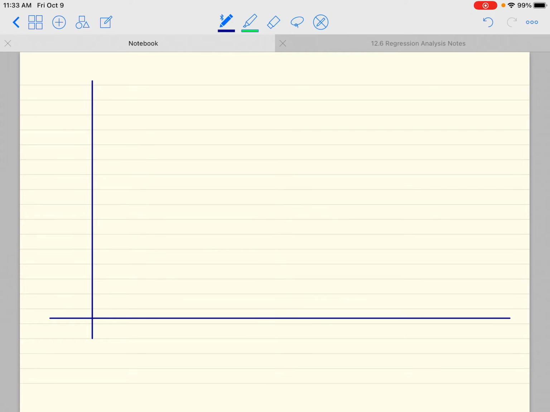Okay, so let's say that the heights for people are going to be down here, and then their shoe sizes would be here. If I was to make a graph of the heights and shoe sizes for all the students in my class, what would probably happen is the taller you are, the bigger your foot is going to be. Now I know there are exceptions, right? Short people with big feet or tall people with small feet.